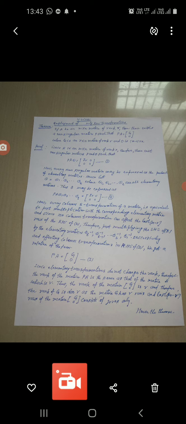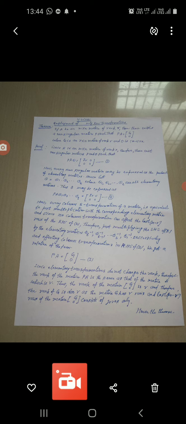Again performing C3 as C3 minus C2, we get 1 0 0, 0 1 0, 0 0 0, and this is equal to 1 0 0, 1 by 2 minus 1 by 2 0, minus 2 minus 1 1, into A, and multiplied by 1 0 0, minus 1 1 0, 0 minus 1 1. Thus we see that PAQ is equal to I2 0 0 0, since the number of non-zero rows is 2.